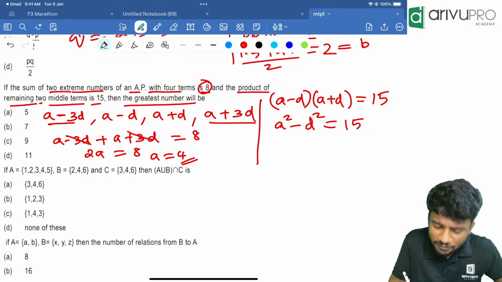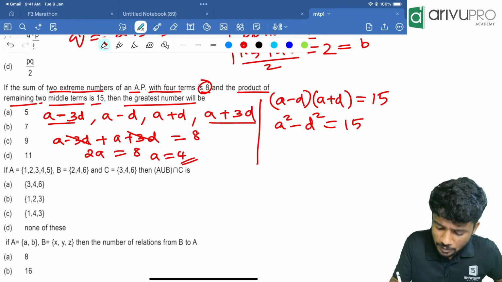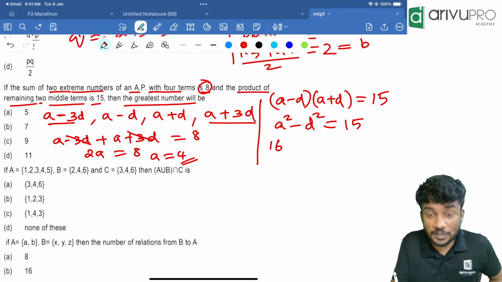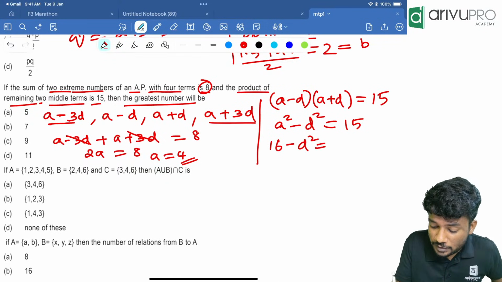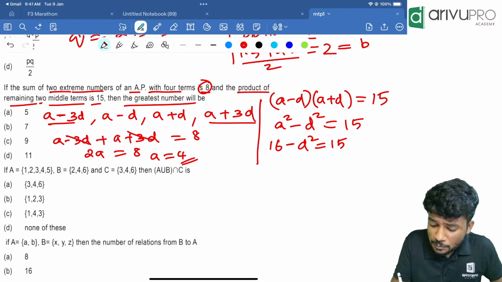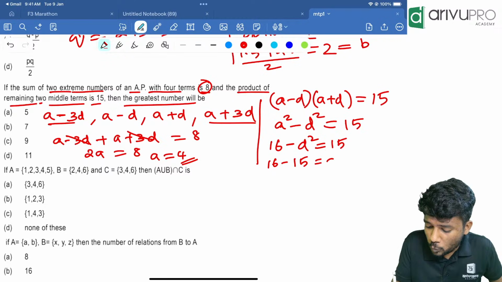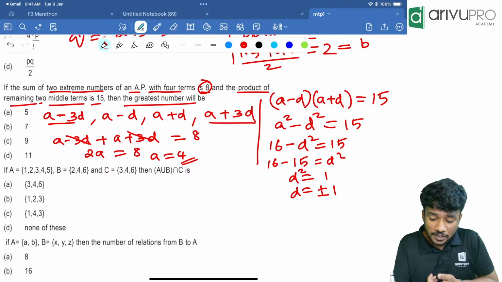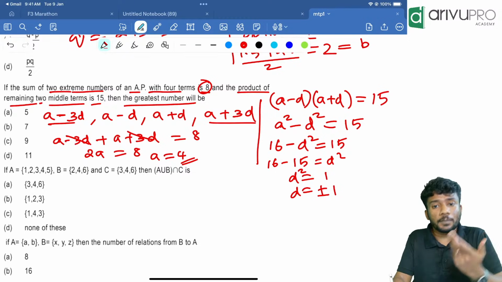We have the a value, 4. That means a square is 16. 16 minus d square is equal to 15. Take d square to the other side and 15 to this side. That means 16 minus 15 is equal to d square. d square is equal to 1. That means d is equal to plus or minus 1. Now we will check with the options whether we should take plus 1 or minus 1.